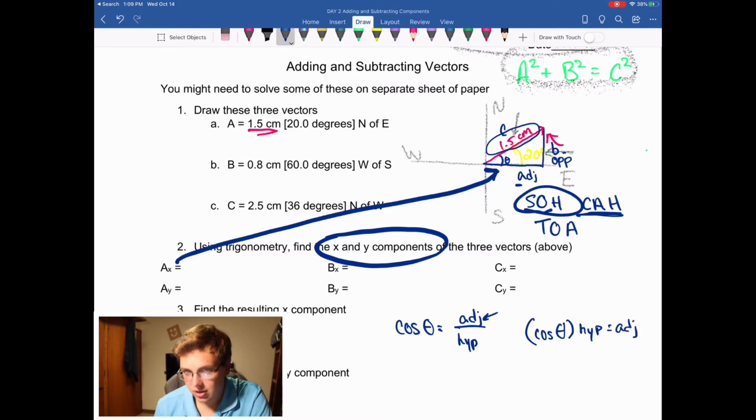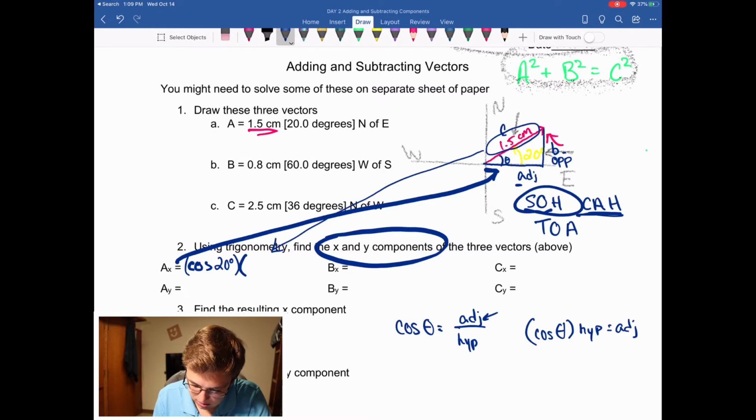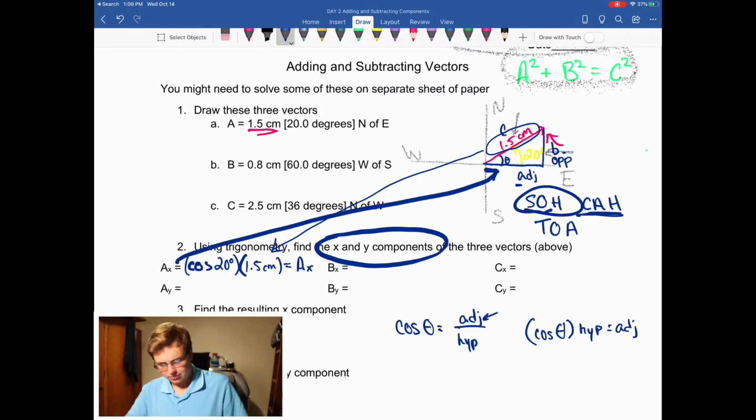So we can even look at that and we know what all of those are. So cosine of 20 degrees, by the way, we make sure our calculator is in degree mode, times our 1.5 centimeters equals our Ax. So you just plug that into your calculator and see what you get. And it's as simple as that. And you keep moving that on.